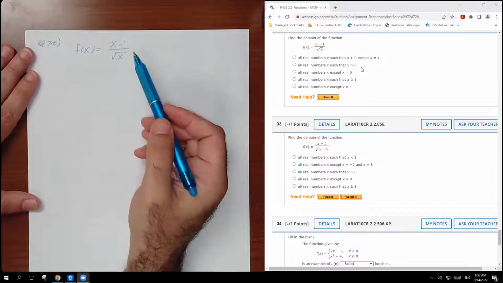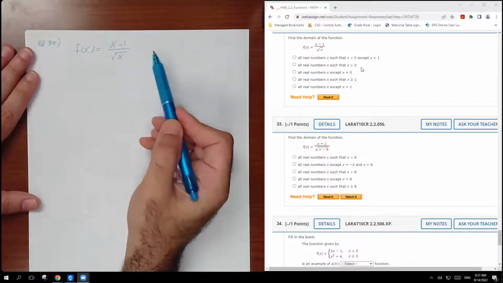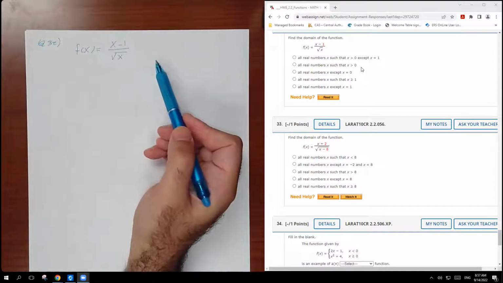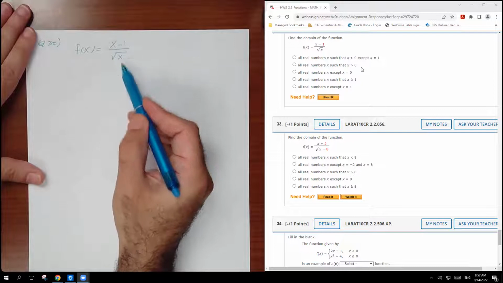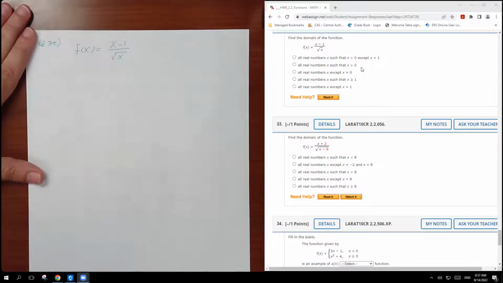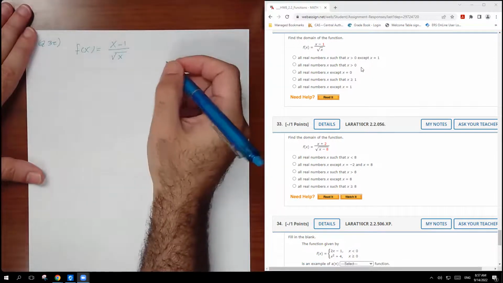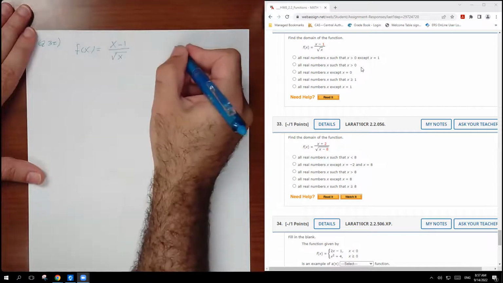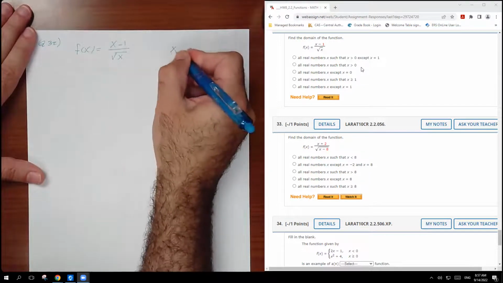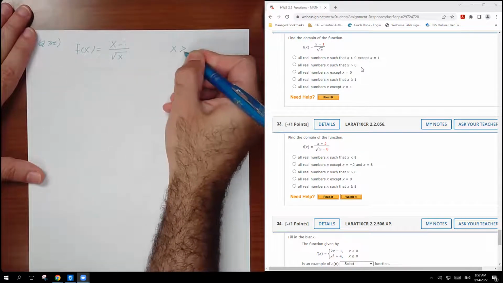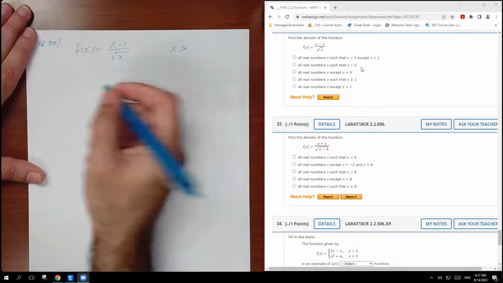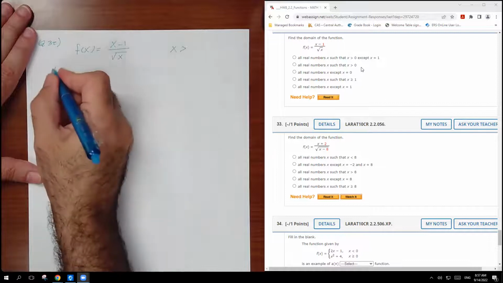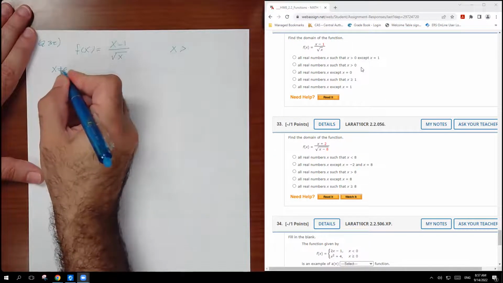We already know if we have a radical, we're going to say it's greater than or equal to 0. So in this case, because the radical is on the bottom part of the rational equation, to find the domain, we're going to say that x, we can take everything here, greater than, but I can't put an equal sign here. Because remember, if you have just x, you're going to say x not equal to 0.